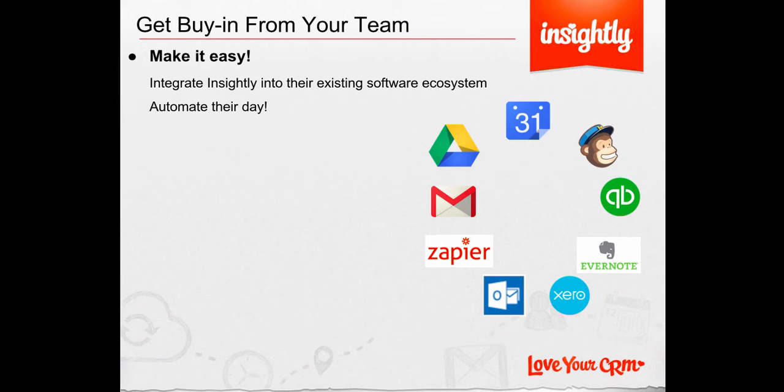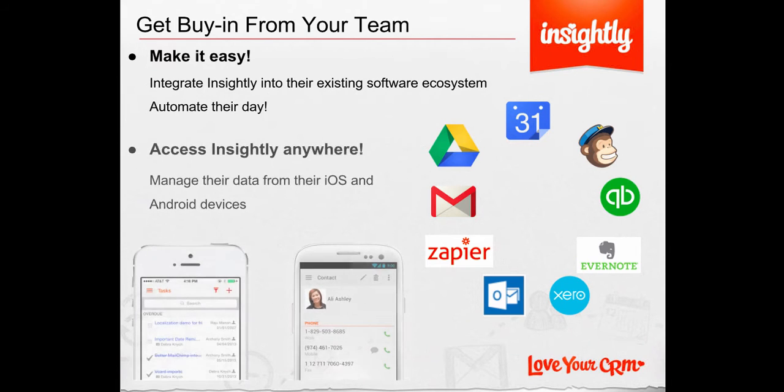With mobile apps available on iOS and on Android devices, you can easily take Insightly on the go if you're not working at your desk. I'll show a couple of different integrations during the presentation today. Now, I'll jump into the demo to show you more about how Insightly works.